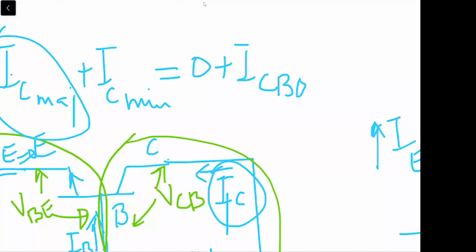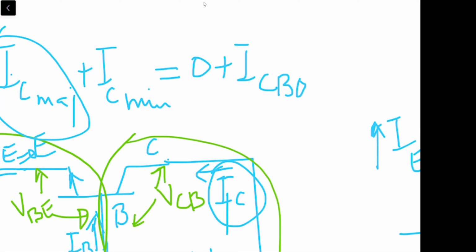Now, what does this mean? This means that it is that specific portion of the IC which is flowing through the collector base junction when the emitter circuit is open. Are you with me? Okay.